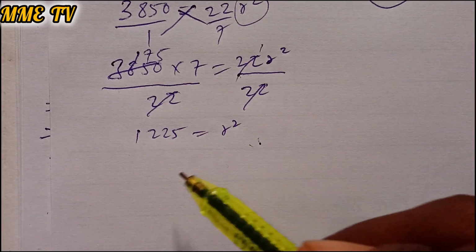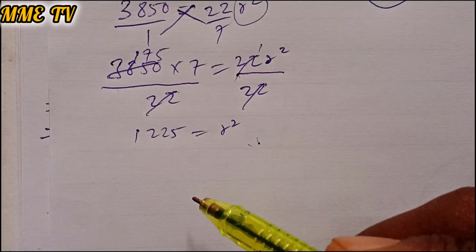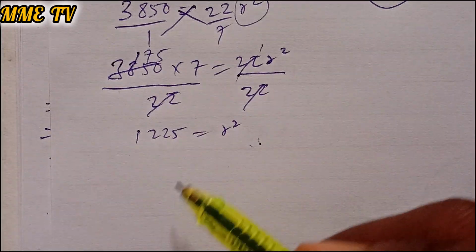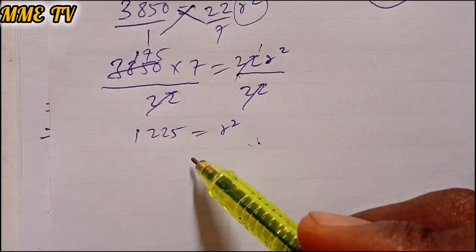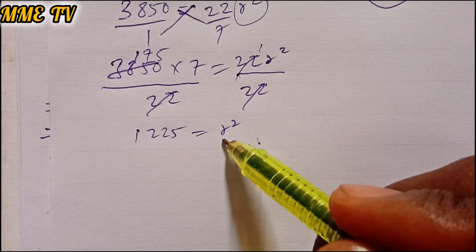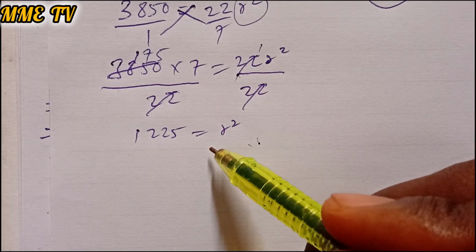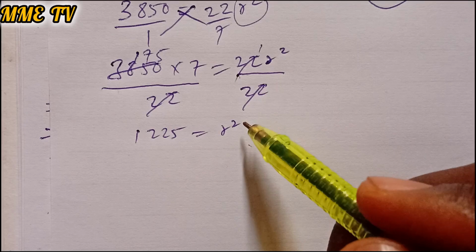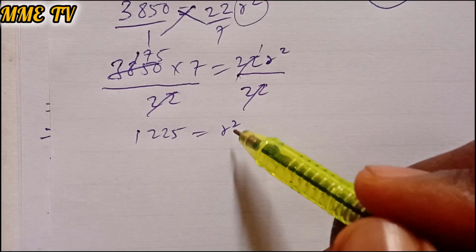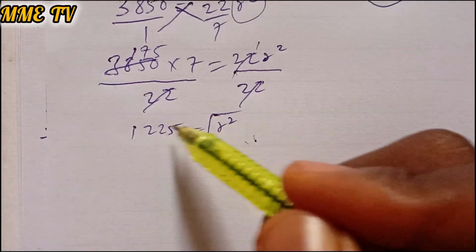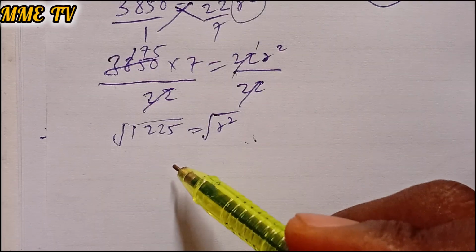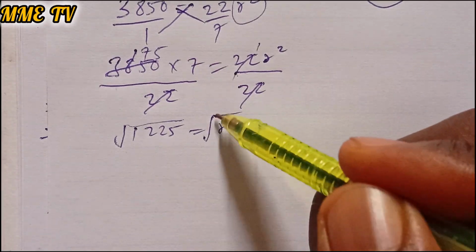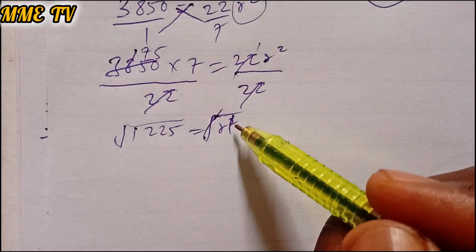Now, because we've come to this point, whenever you come to a point in maths where you're having a number equivalent to an alphabet raised to the power of 2, what you do is take the square root of both sides. Then this square root will cancel this raised to the power of 2.